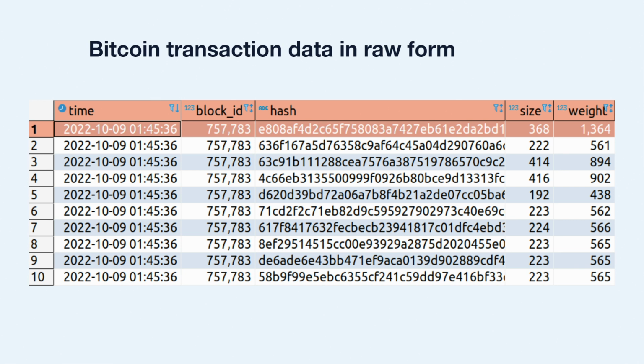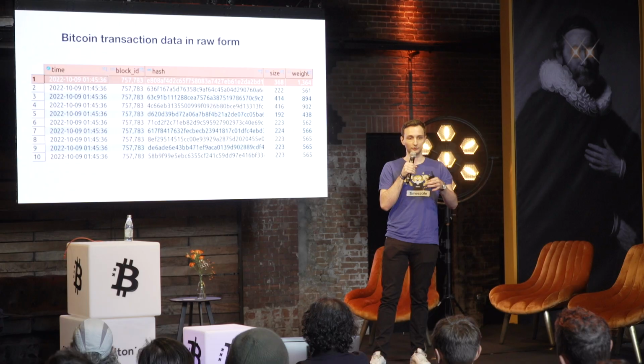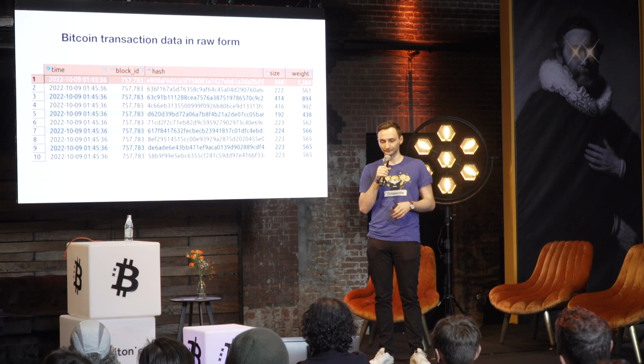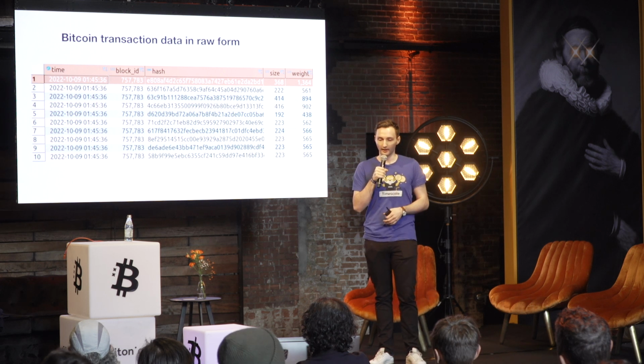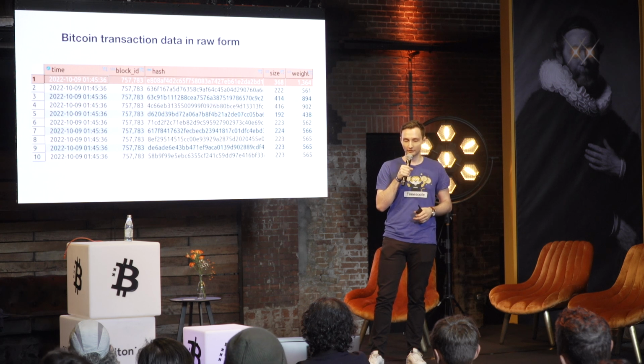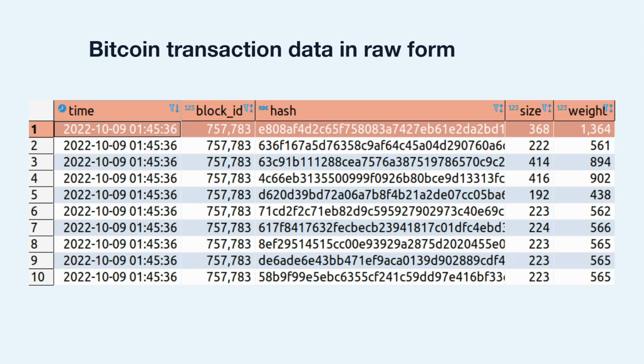Again, you can notice that we have a time column here, which is really important because that's one of the columns that you use to join this data set with other data sets. We have block ID, hash, size, weight, and we can have other columns like whether it was a Coinbase transaction, block size, etc.